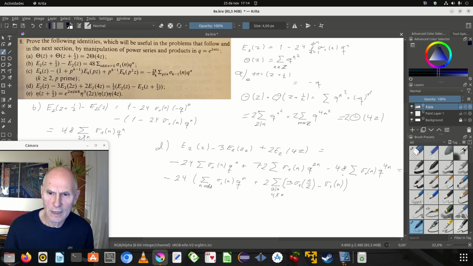And the last guy here, that's when four divides n, and we take powers to q to nth.